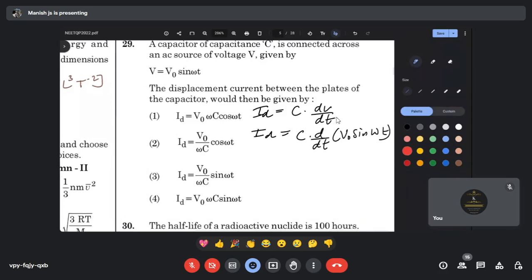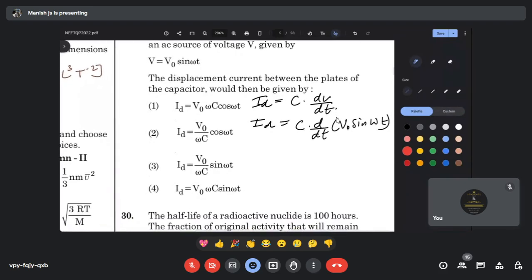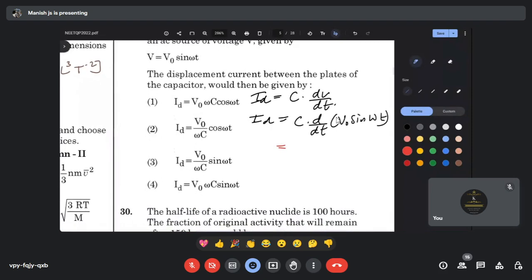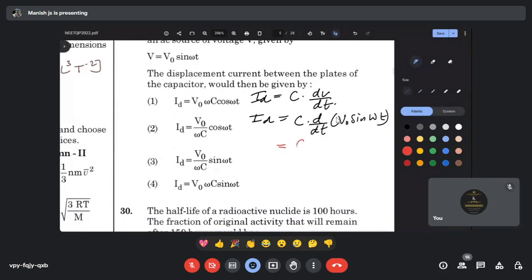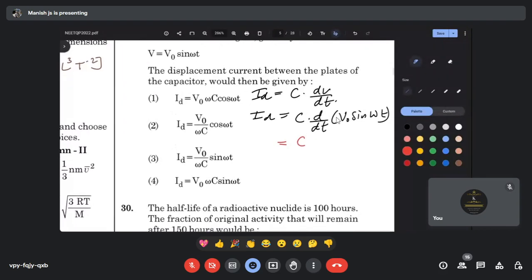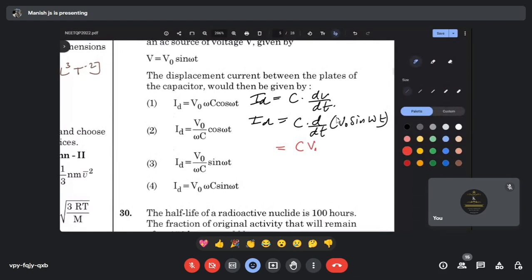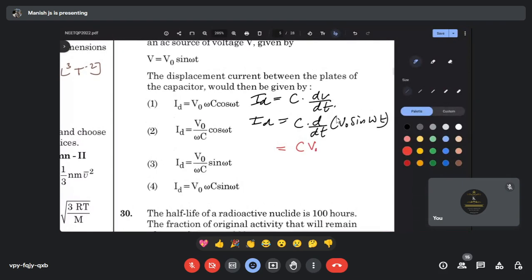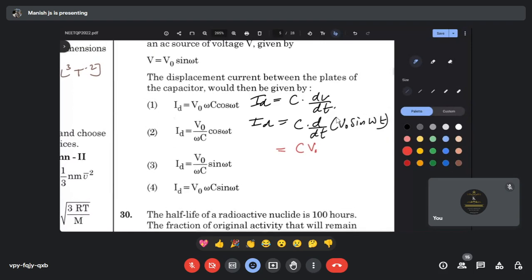So directly you can go for differentiation. So differentiate. When you differentiate, you would get C times the differentiation of sin, which becomes cos, right? So C V naught can come out of the differential sign. I think you will apply the chain rule, if I'm not wrong.